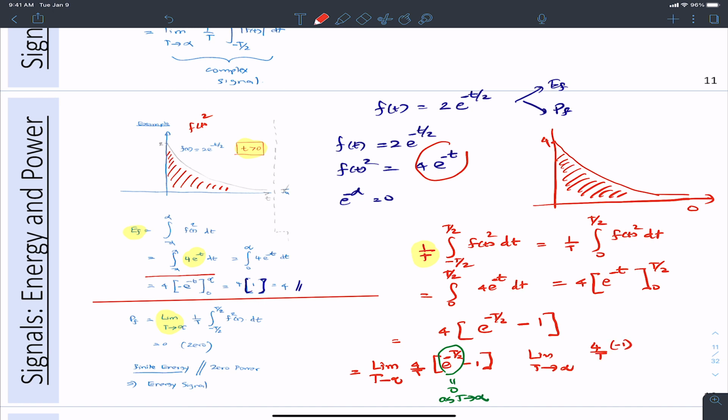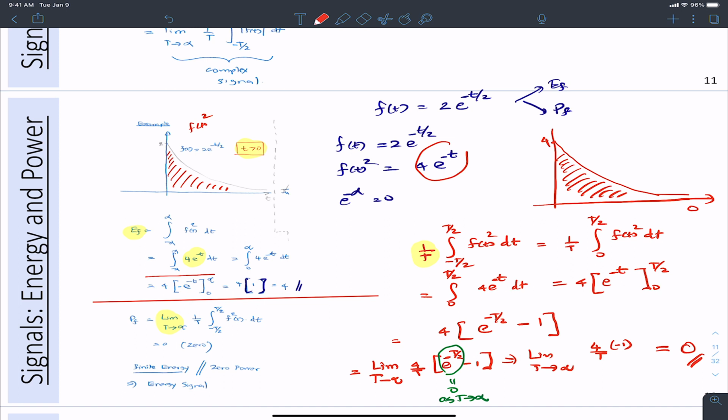When t tends to infinity, 4 over t is 0, because 1 over t is going to be 0. I did not write it in the lecture note, but that explains why the power of the signal is 0.